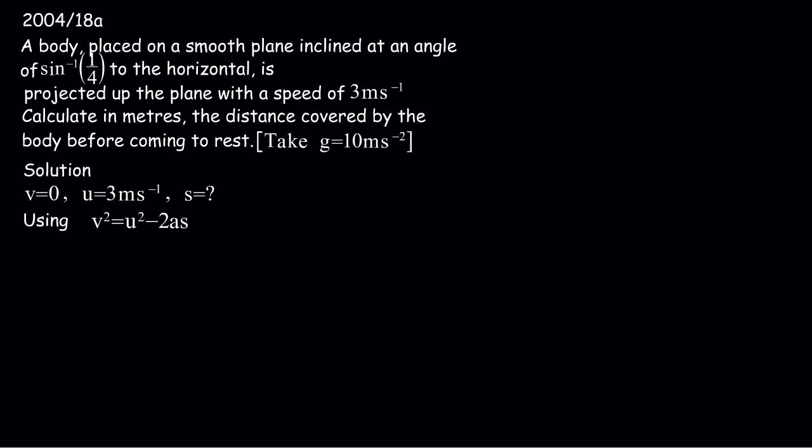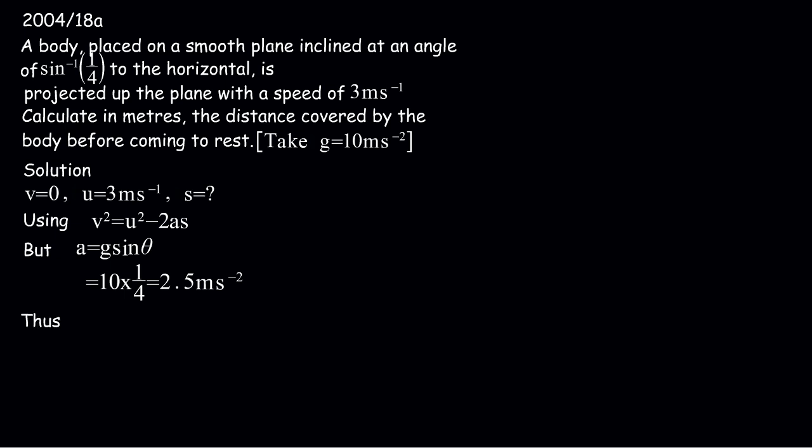So using v square equals u square minus 2as, we recall that a will be equal to g sine theta because acceleration down a smooth plane is equal to g sine theta. So it will be equal to 10 times 1/4, which is equal to 2.5 meter per second square.